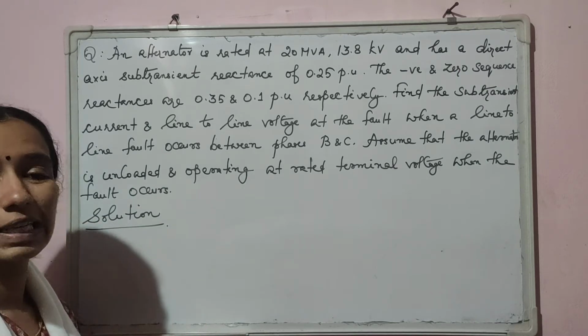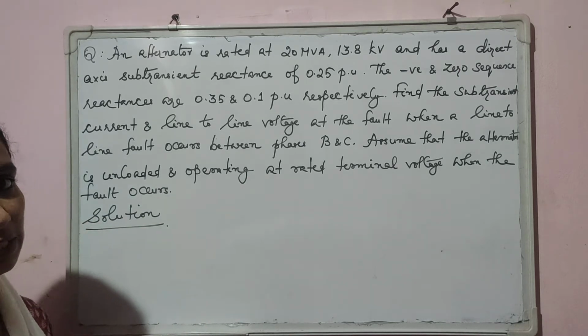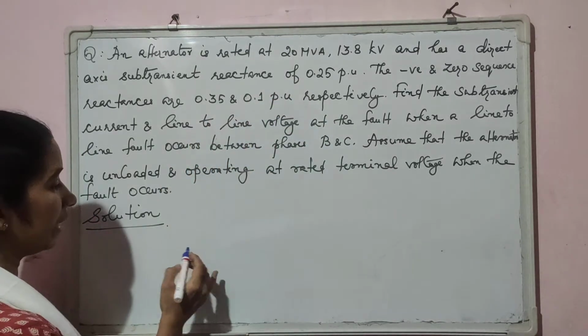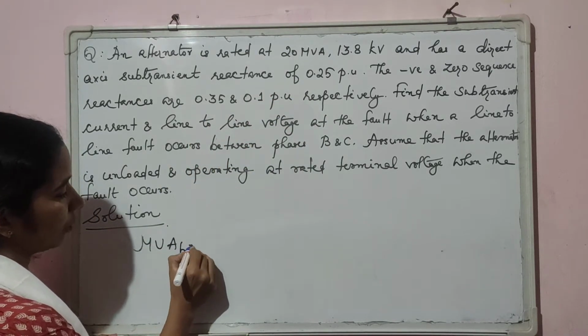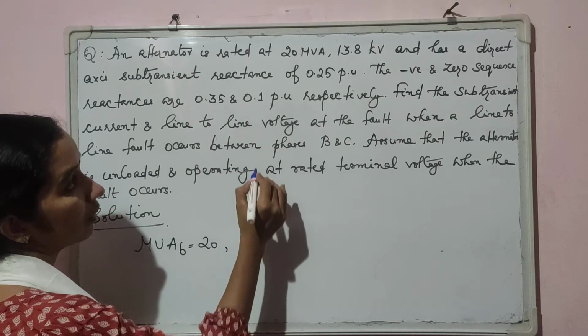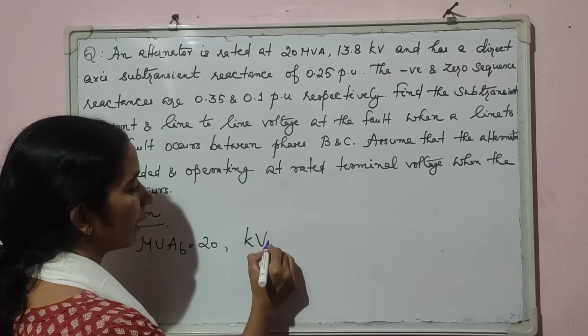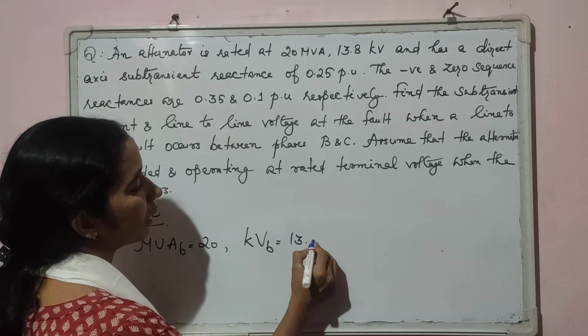So first of all, let us note down the parameters which are given. 20 MVA, that is MVA base is equal to 20, then 13.8 kV, kV base is equal to 13.8.